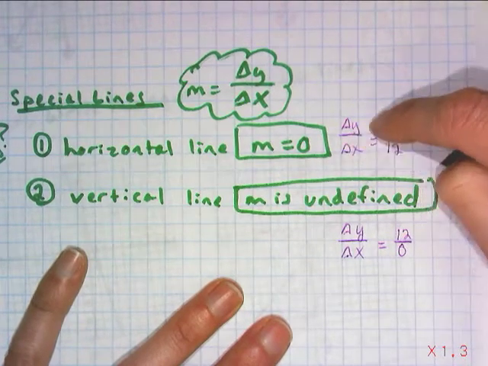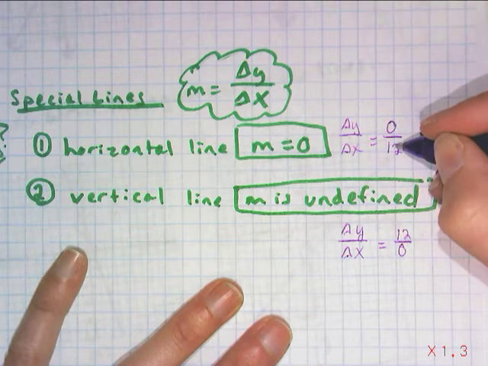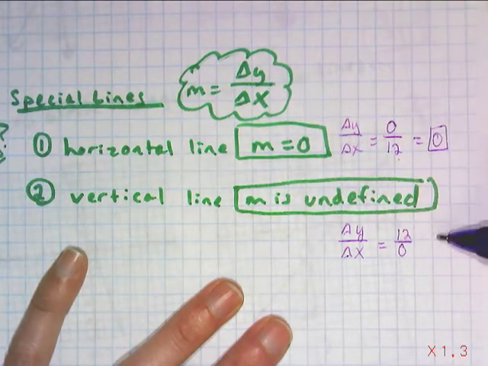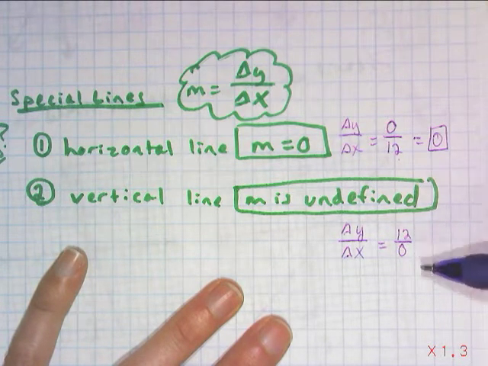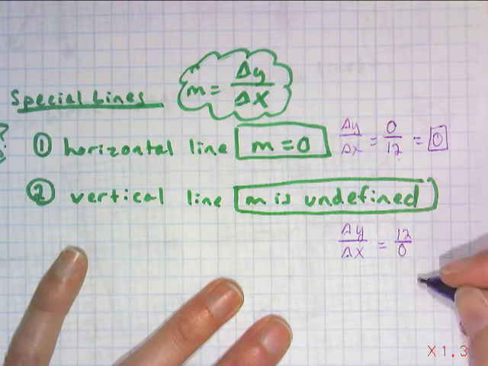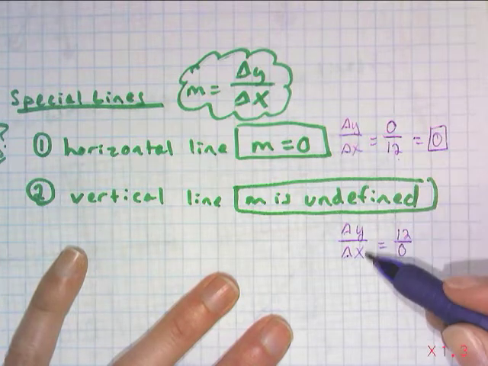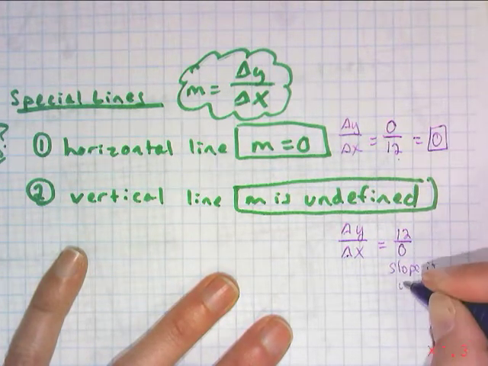If you don't have any change in the y-axis, if I have 0 and I divide it into 12 groups, each group has 0. However, if you look at this scenario, if I have 12 people and I divide them into 0 groups, that's impossible to do. You cannot divide by 0. So when the change in x is 0, when it's on the bottom, you say that the slope is undefined.